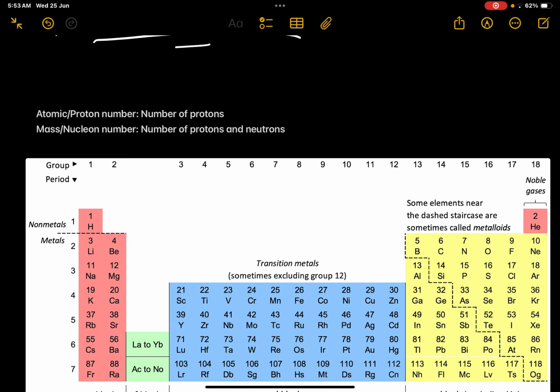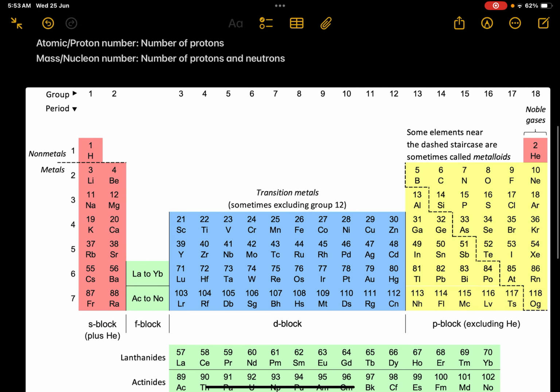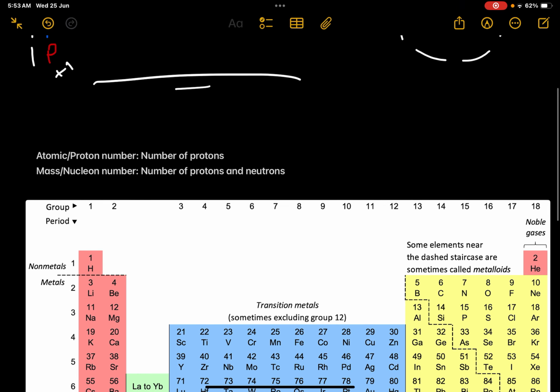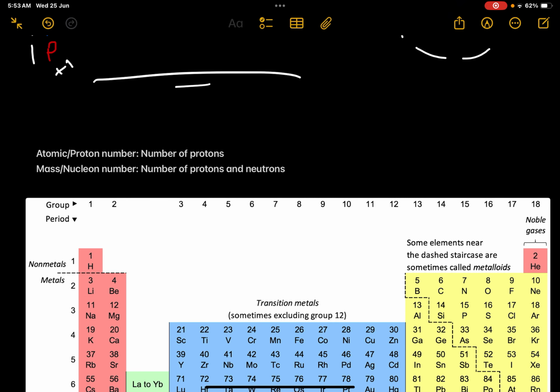Let's have a look at gold. Gold, Au, has a proton number of 79 and a nucleon number of 197. The difference of the two numbers is the number of neutrons.